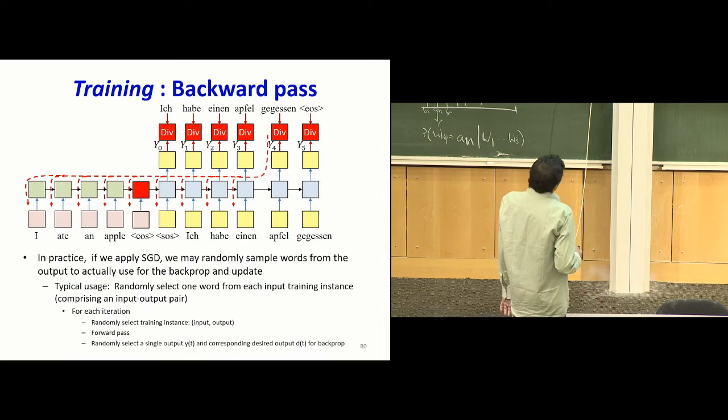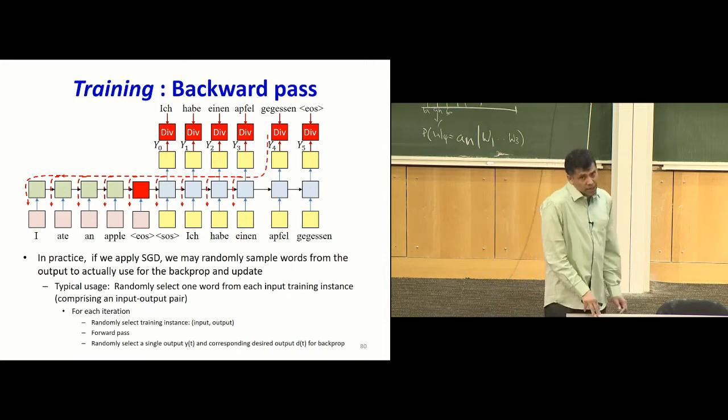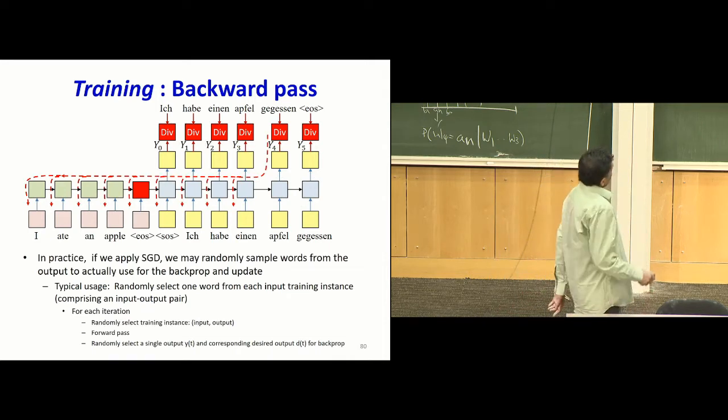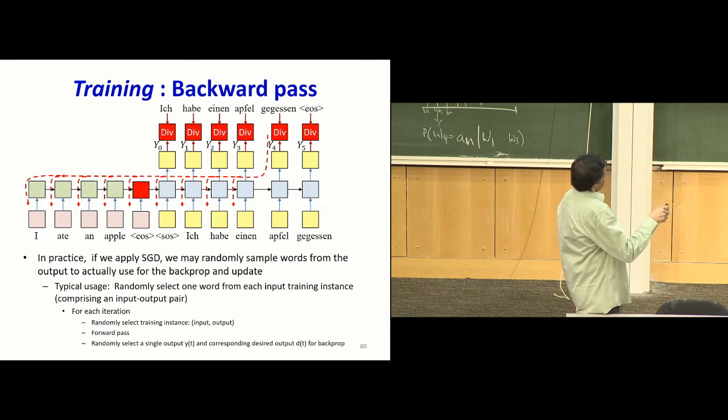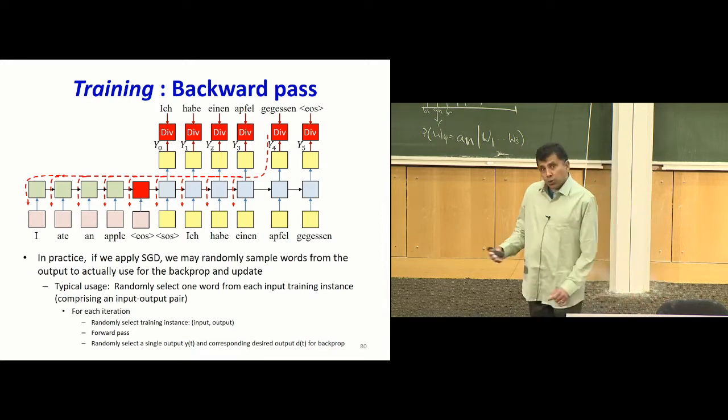Now, in practice, if you're using something like stochastic gradient descent, you wouldn't be computing the divergences everywhere. What one normally does is to randomly sample some of the output words and only compute the divergences at those randomly sampled words and propagate them backwards. Often you choose only one word.